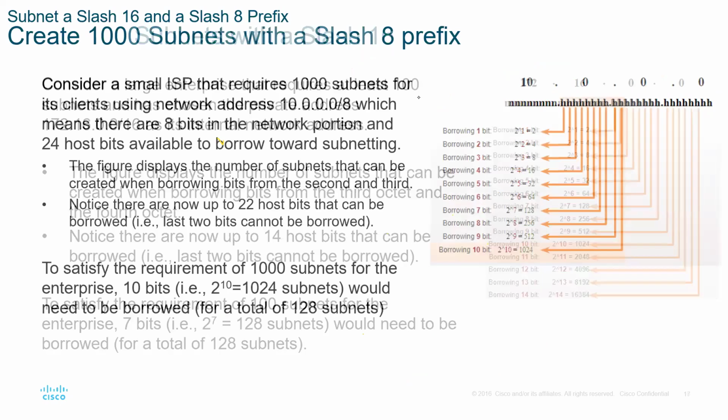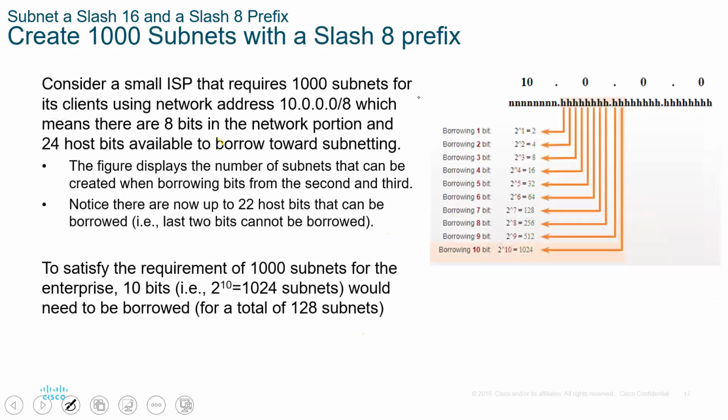Now, consider a small ISP that requires 1,000 subnets for its clients, using network address 10.0.0.0/8. So you have a supernet of 10.0.0.0/8, and you are to create at least 1,000 subnets. For you to do that, you need to say 2 raised to the power of what will give you a minimum of 1,000.